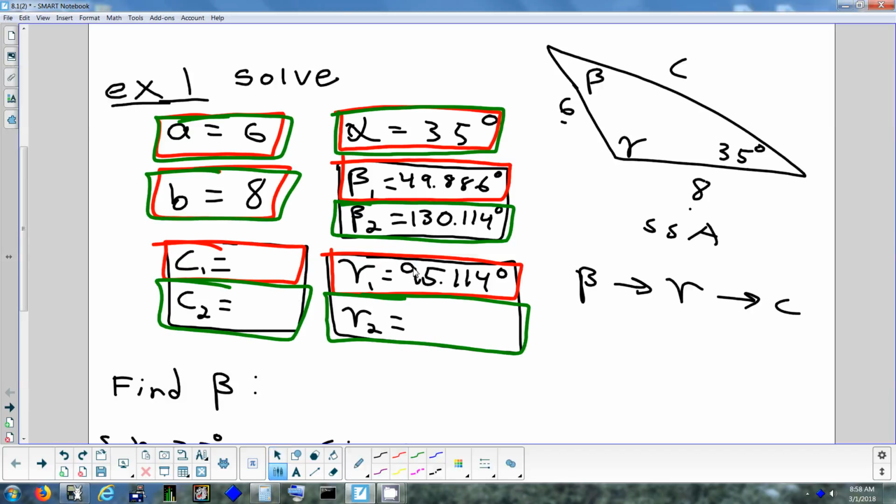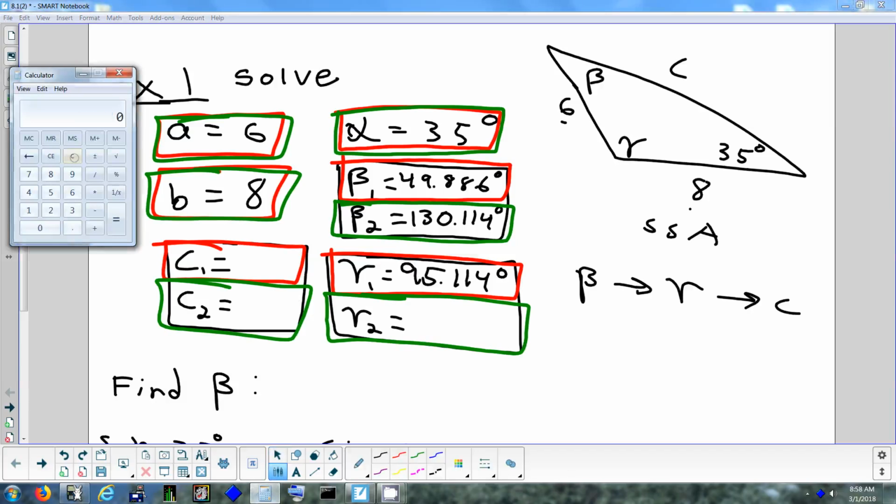And now we're going to use the 95 to find C1. We're going to use gamma 2 to find C2. So let's get gamma 2 first. How would I get gamma 2? Add the green triangle angles, so 35 and 130. Yep.